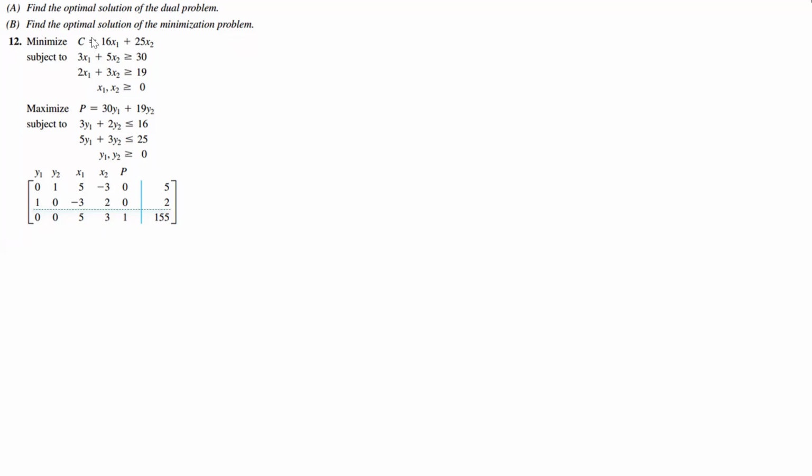If we're given a problem, we're going to be given this first piece. And then what we do is we convert this from greater than or equal to, to less than or equal to, going from A to A transpose. Let's go ahead and do all the steps so we don't get lost along the way. So this is going to be a 3, a 5, and a 30, and a 2, a 3, a 19, and then a 16, a 25, and a 1.